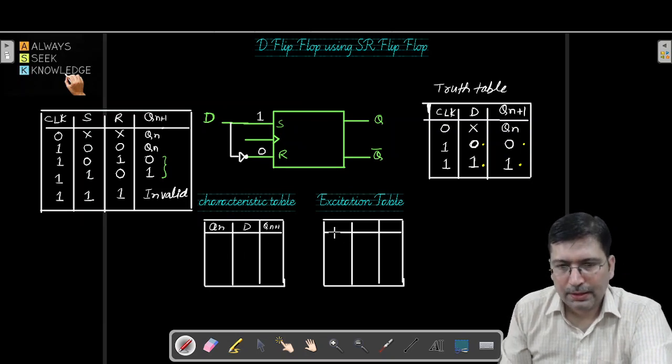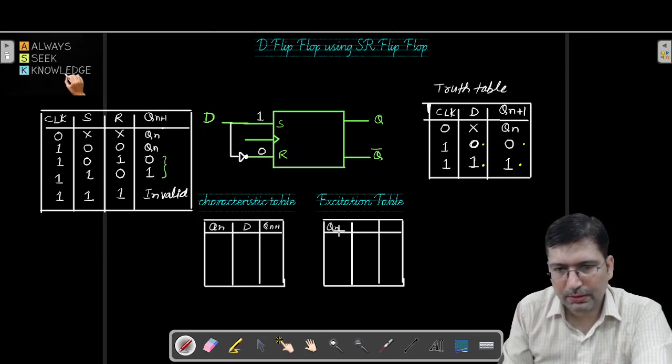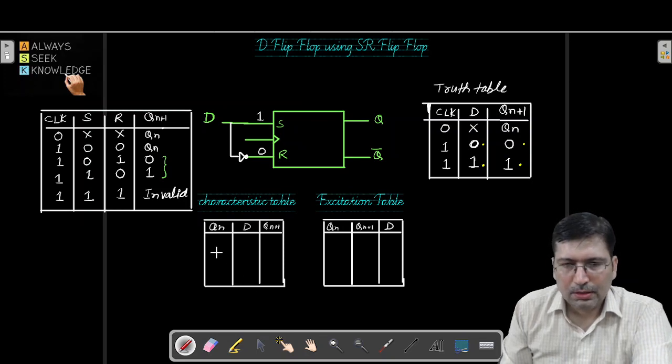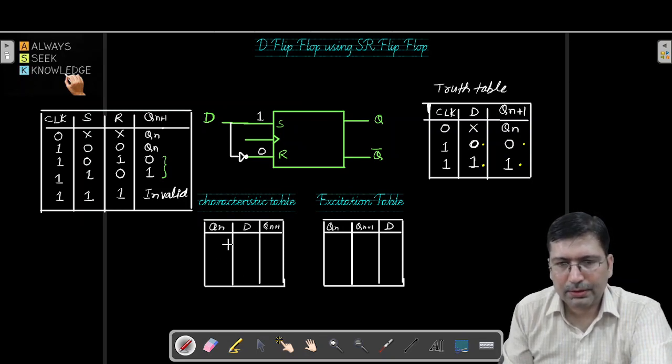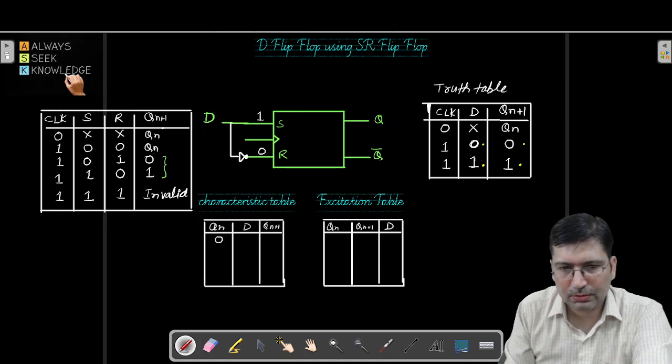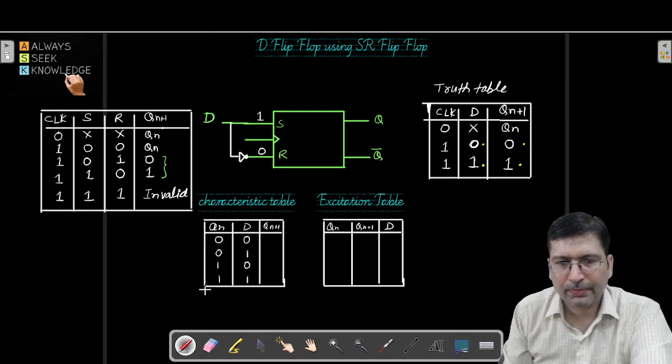In an excitation table, we take Qn into consideration along with Qn plus 1, and we try to predict the value of D. So with these two parameters, there will be four possible combinations: 0 0, 0 1, 1 0, and 1 1.